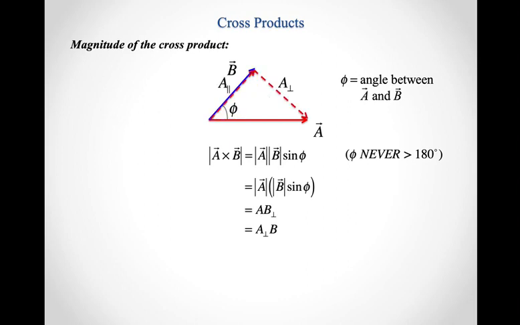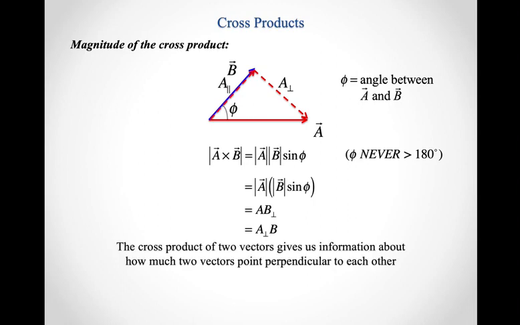On the other hand, if I take that sine and now partner it up with the A, so A sine phi, again, if here's my angle phi, sine phi is this opposite term, or this opposite side within my right triangle, so A sine phi is again this perpendicular component of A. It's perpendicular to the line of B. And so what you can see is that in each of these cases, what the cross product is telling me about is how much my two vectors are perpendicular to each other.